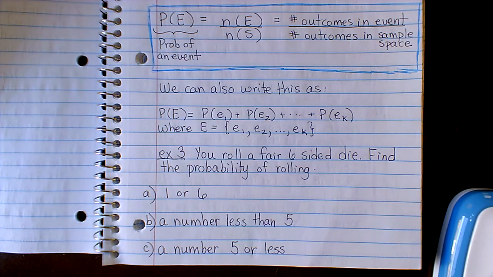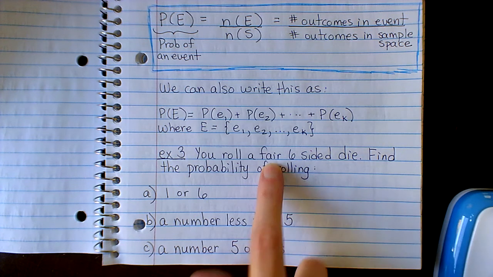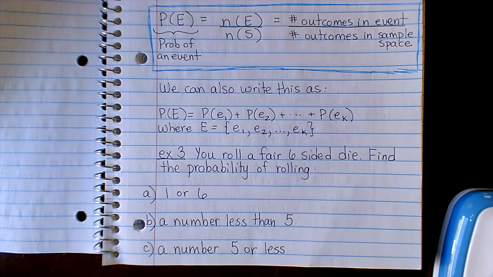So you roll a fair six-sided die. Now, why do I keep saying the word fair? Well, what is an unfair six-sided die? That would be a die that had fours on all sides. Right? That would be an unfair die. So we say a fair six-sided die has the numbers 1 through 6. And another way for a die to be unfair is if it's weighted.